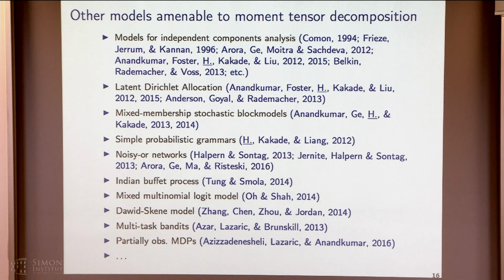People have found a lot of uses for this general methodology, but hopefully I'll give you a flavor of how some of these things look from the few examples I mentioned already.